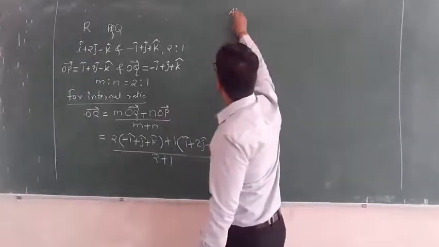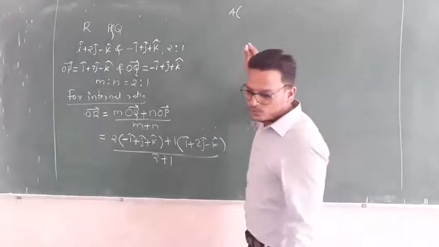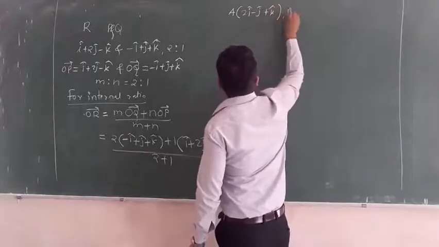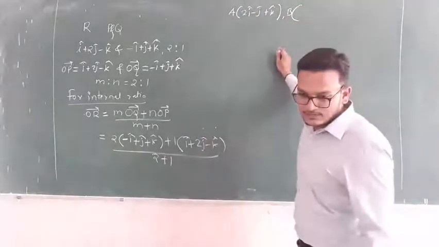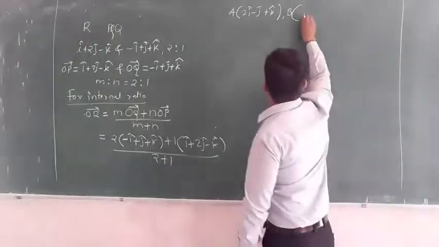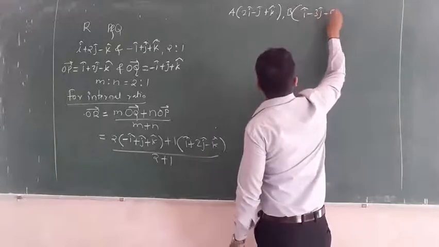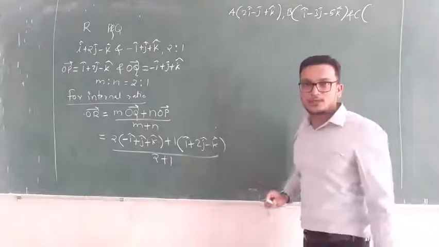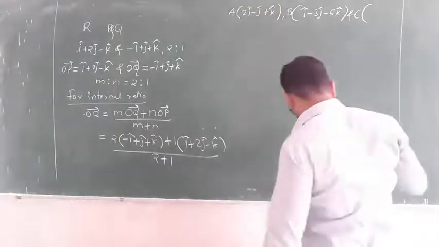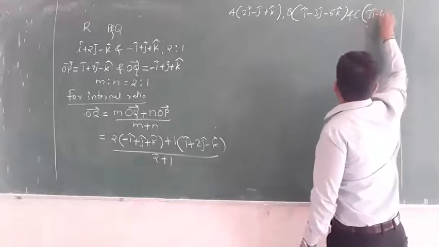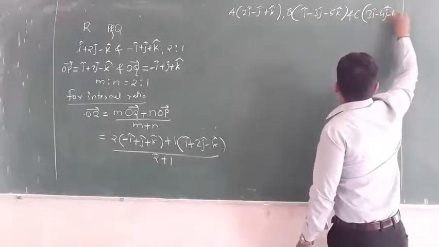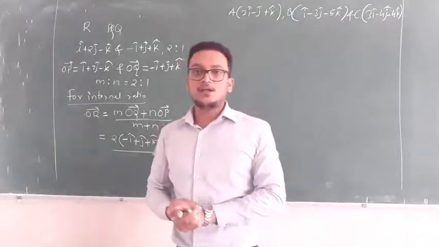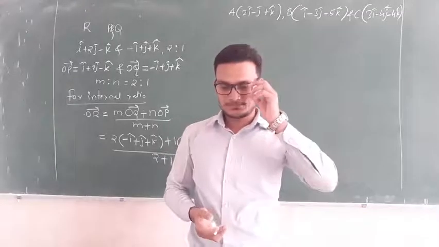Show that the points point A 2i minus j plus k, point B i minus 3j minus 5k, and point C 3i minus 4j minus 4k are the vertices of right angle triangle.